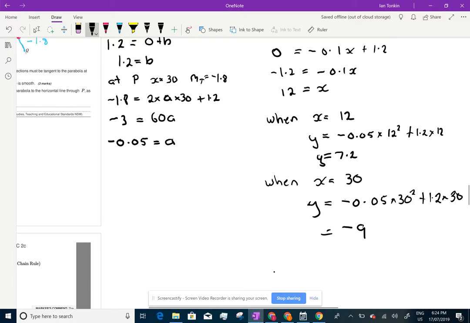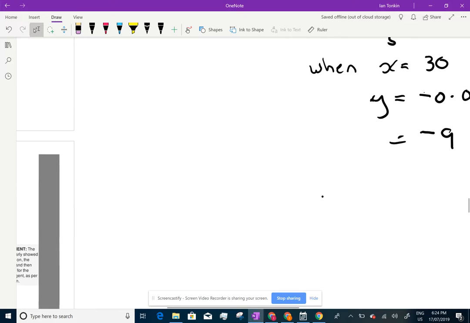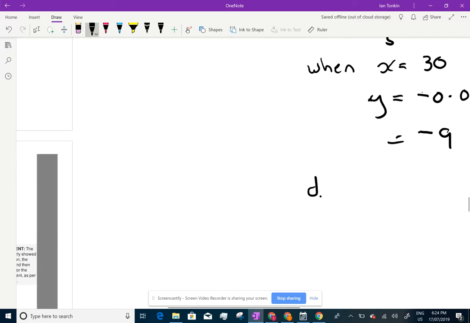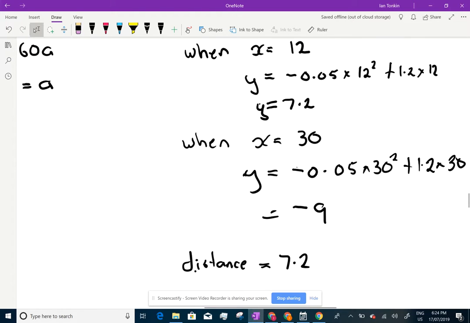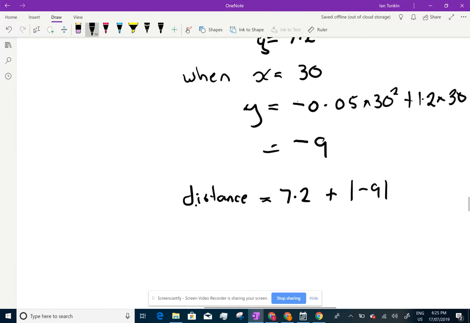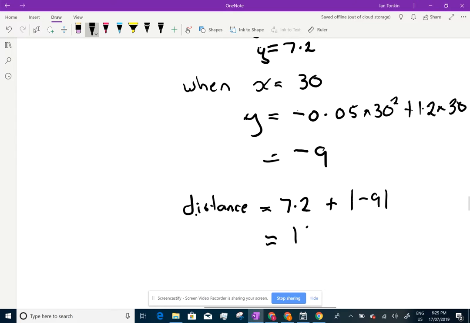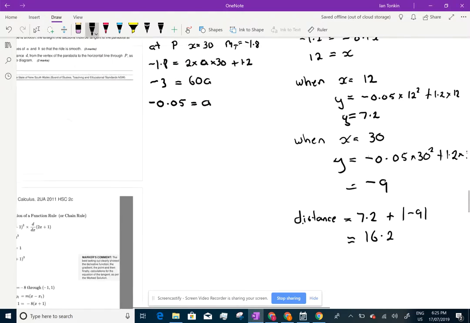Now, remember, the question just said, find the distance. So the distance equals 7.2 up, plus the absolute value of 9, which is 16.2. Are we talking meters? Is it all in meters? Yes, it is.